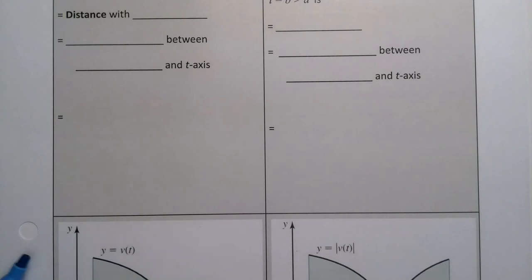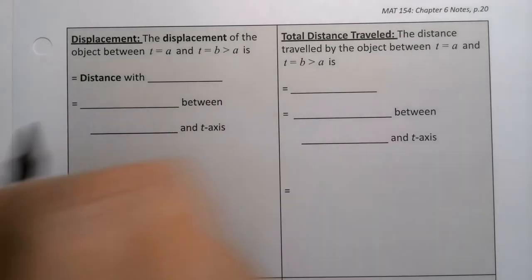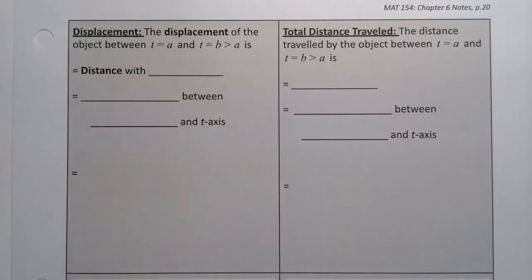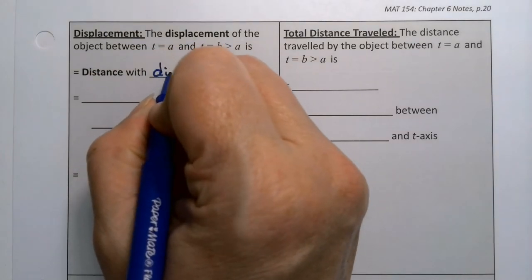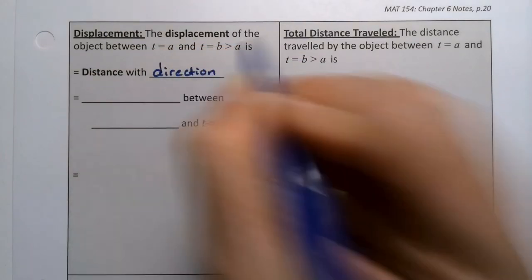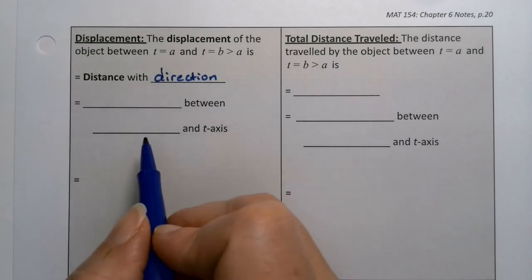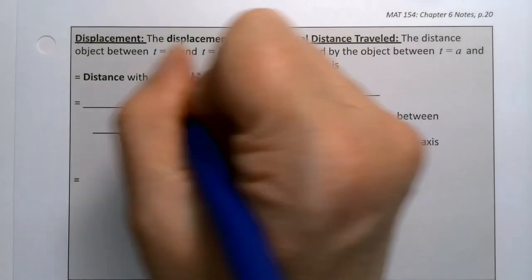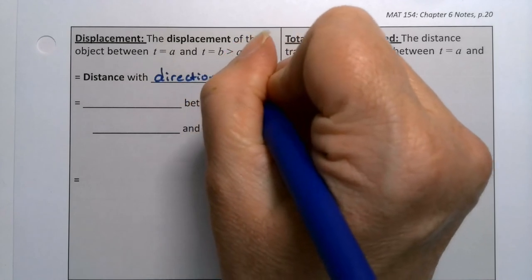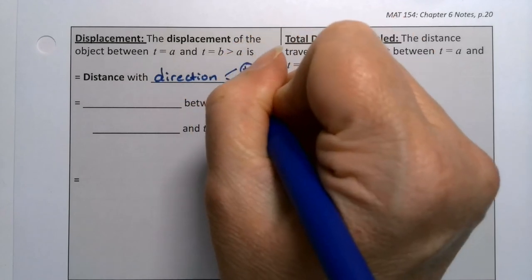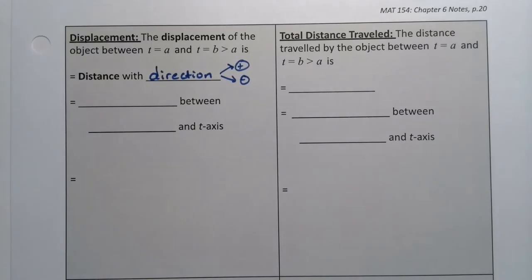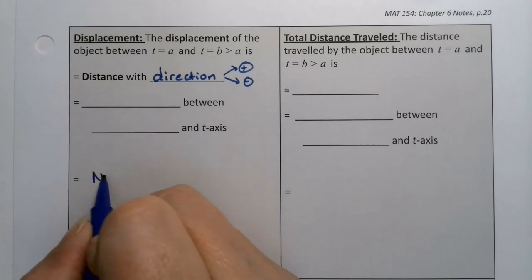So displacement is distance with direction. So displacement could be positive or negative, right? It depends on where you end up and where you started, okay? So it's your net change in position.